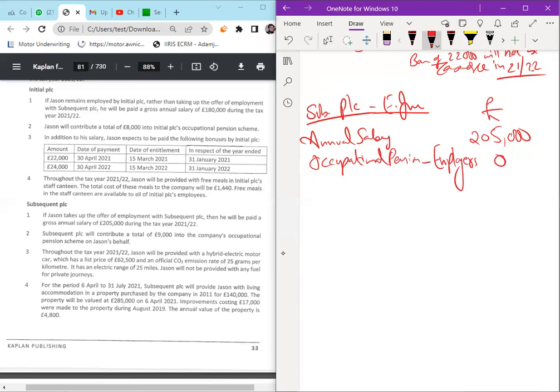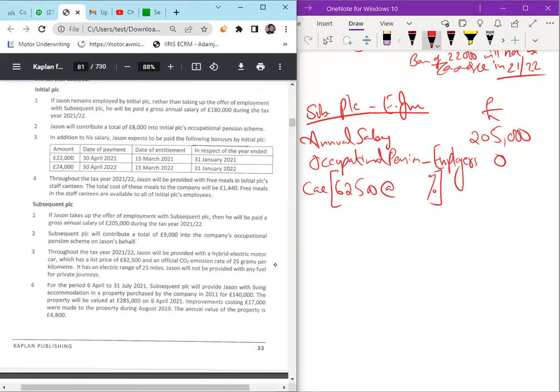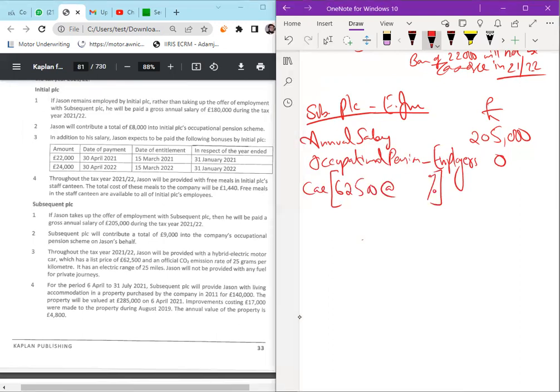Got my point? Note number 3. Throughout, he got a hybrid electric motor car. List price is given, and the CO2 is 25. So we know that if up to 50 grams, then the electric range will apply. So car benefit is 62,500 into percentage, and the CO2 is less than 50 grams. So electric range will apply, and you can see this electric range is 25 miles.